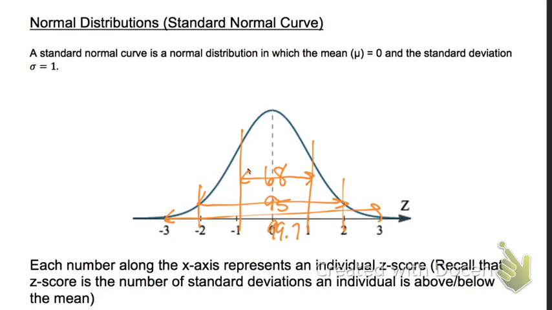A standard normal curve is when your mean is 0, your standard deviation is 1, and along the x-axis are individual z-scores, above and below the mean.